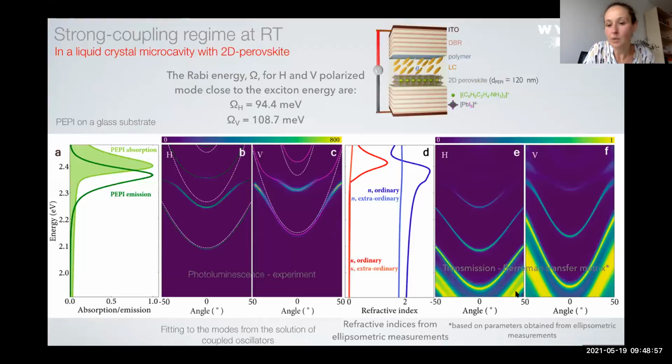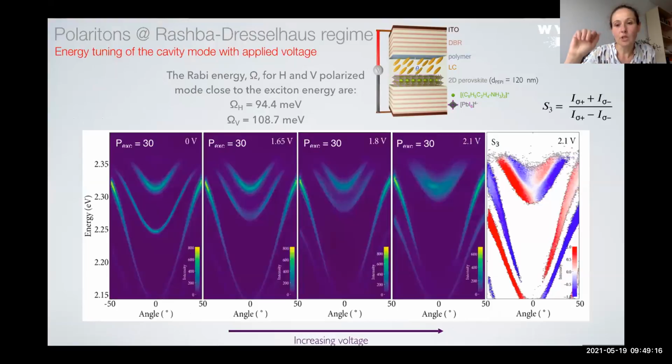This is the transmission derived from the Berreman transfer matrix method, and it corresponds very well to what we observe in the experiment. This is now the regime where the horizontal and vertical modes are the eigenstates of our cavity, but then we can tune it to the regime where we have the Rashba-Dresselhaus spin-orbit coupling.